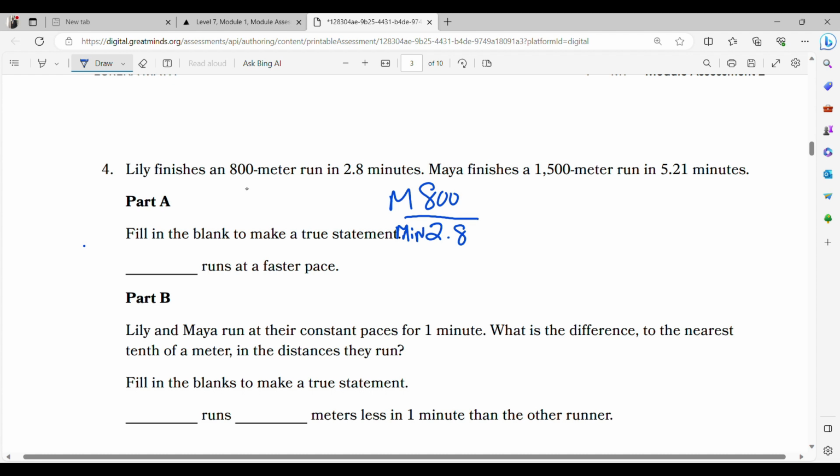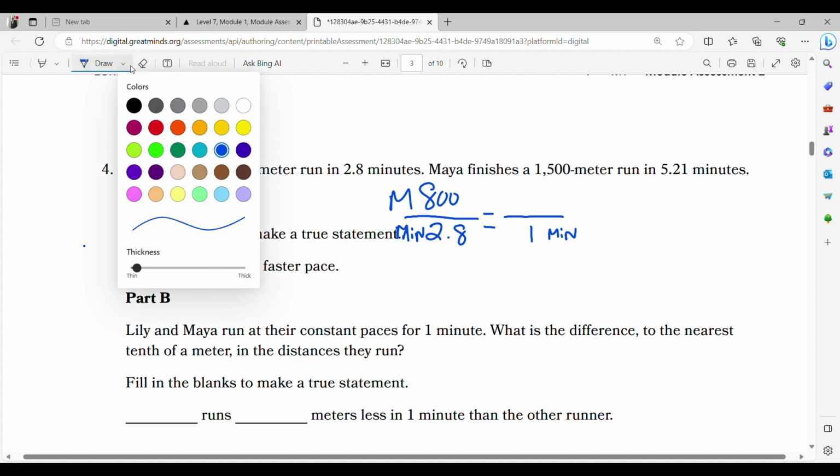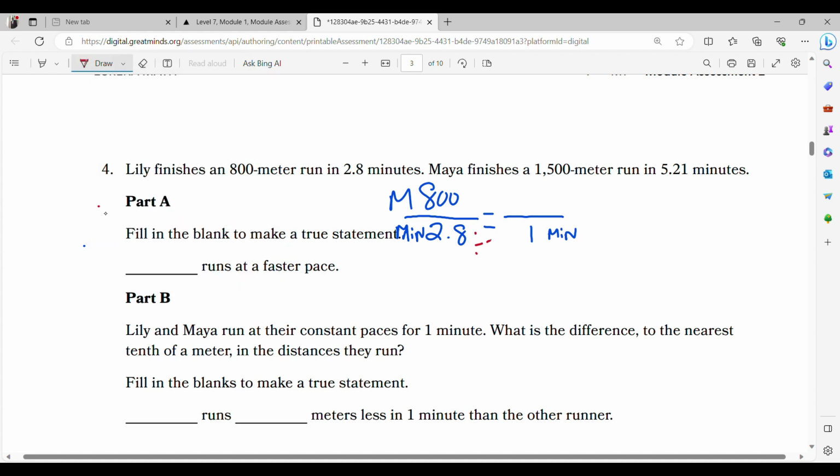I want to know how far she runs in 1 minute. To get from 2.8 to 1, I'm going to divide by 2.8. What you do to the bottom, you do to the top. So I'm going to divide by 2.8.